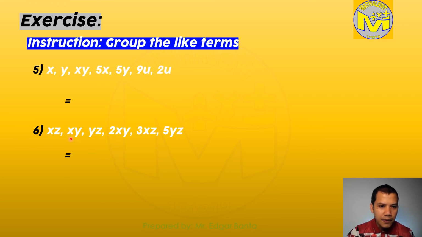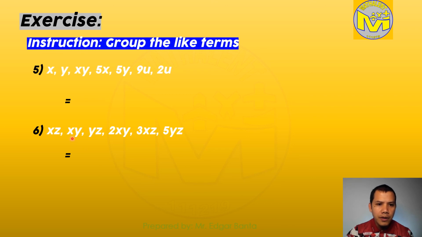First we have here xy. Next, 2xy. That's it. Next group we have xz. Wait, I was confused. Okay, first group is the group of xy, isn't it?